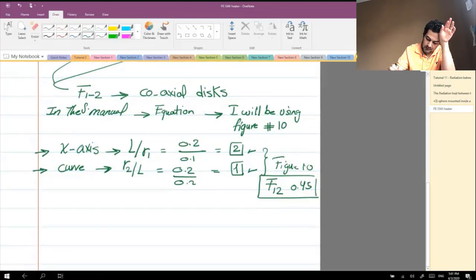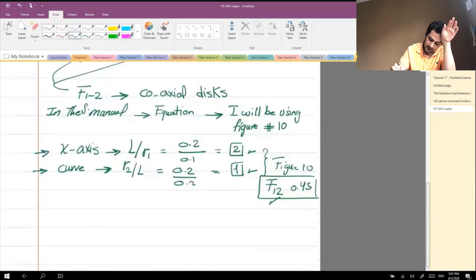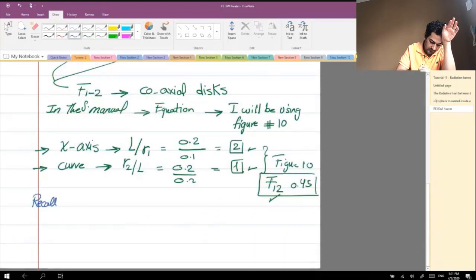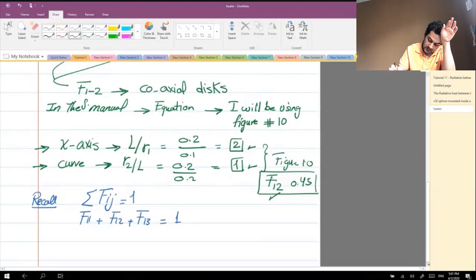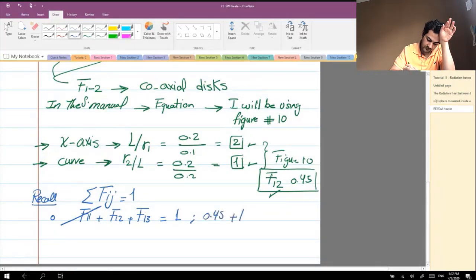Okay, and also recall that we need F13. Recall the common equation, the summation of Fij is equal to 1. So F11 plus F12 plus F13 is 1, and F11 is 0, F12 was 0.45, plus F13 is equal to 1, so F13 is 0.55.